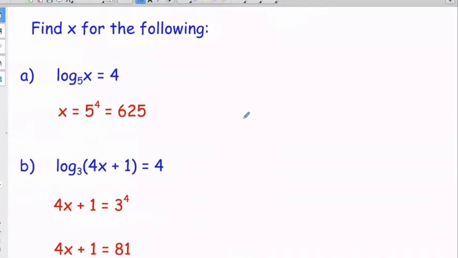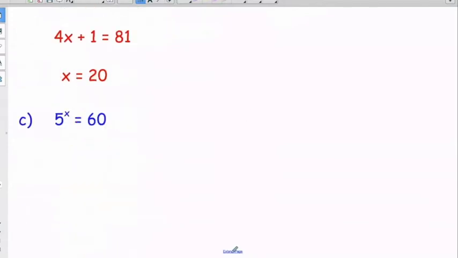I've got one last one down there. 5 to the power of x is equal to 60. Again, if we've got b to the power of x is equal to y, then log to the base b of y is equal to x. Here's my b, here's my x, here's my y. So we've got to go backwards this time. We've got to turn it into the log.